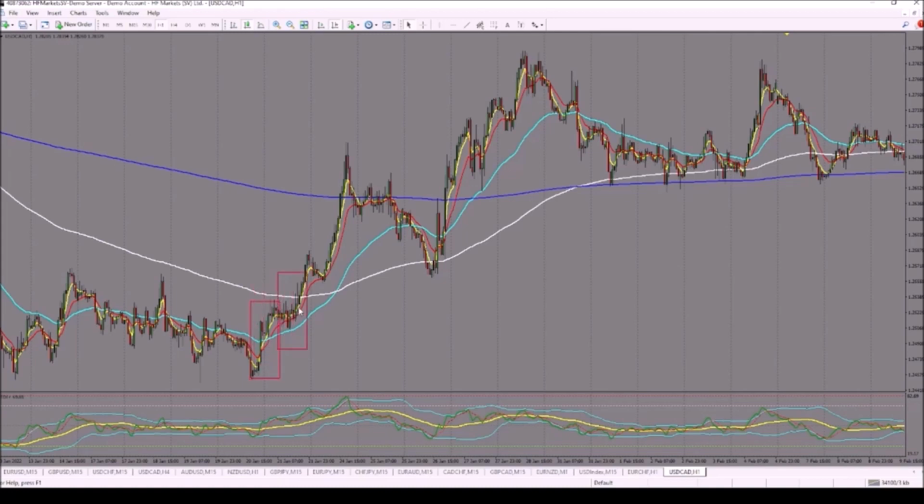After that level 1 flow, we had a level 2 flow where we had a 50 and 200 EMA crossover during this level 2 flow. Then we had the last level as a bounce on the 13 in red that came up like that. So we had 3 levels of rise.